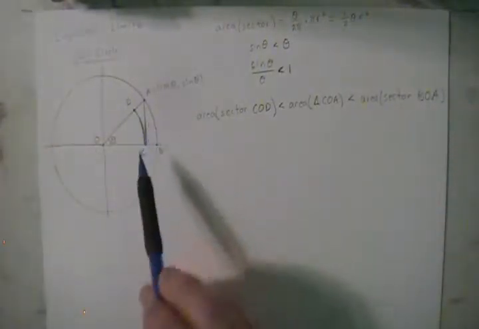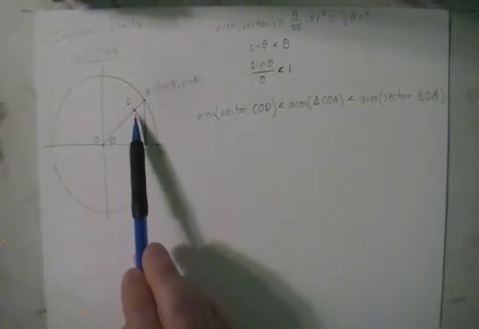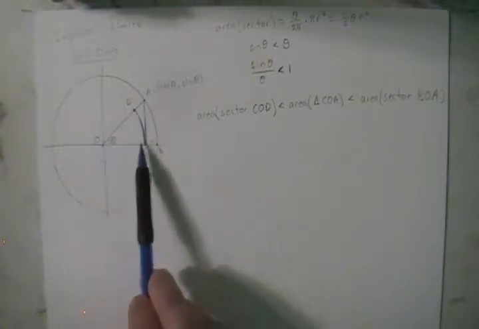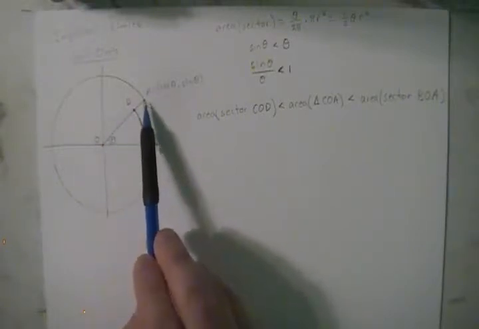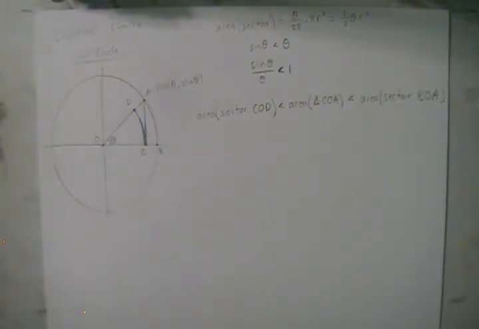So what I mean is the smaller sector that we drew has an area that's less than the area of the triangle, which has an area that's less than the sector of the unit circle.